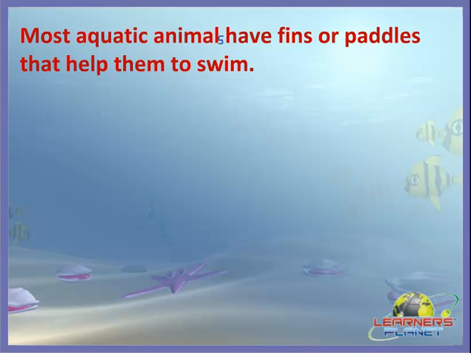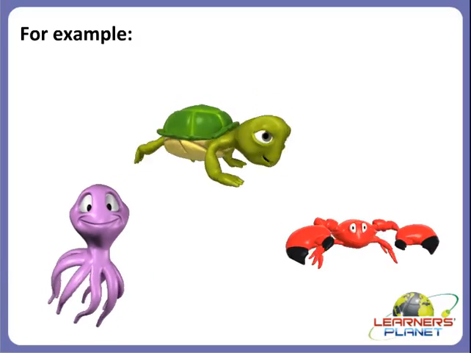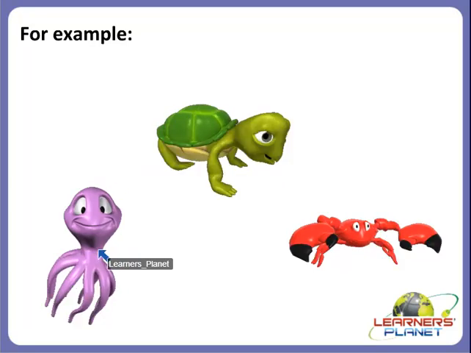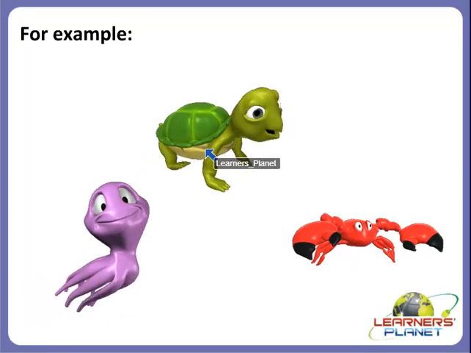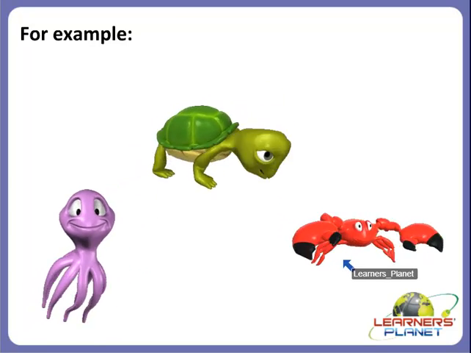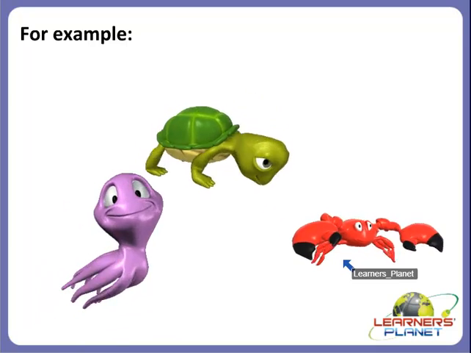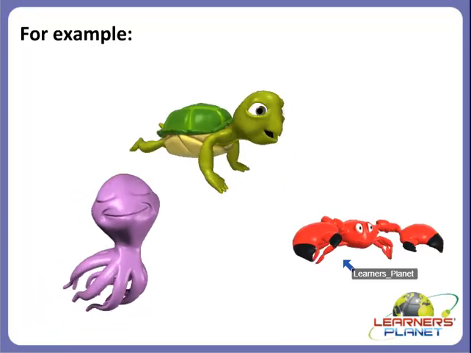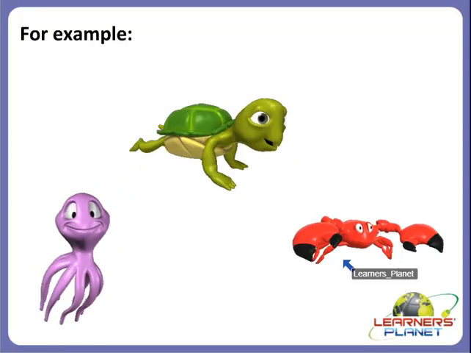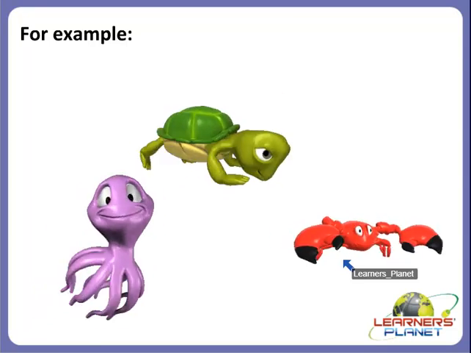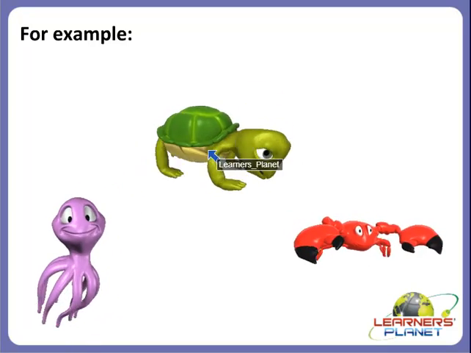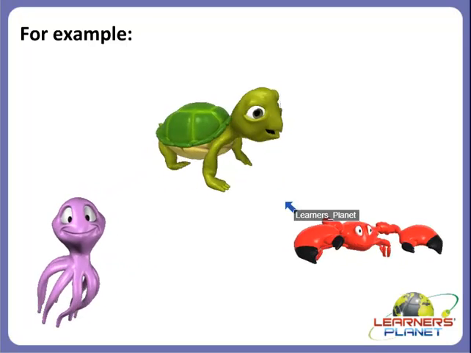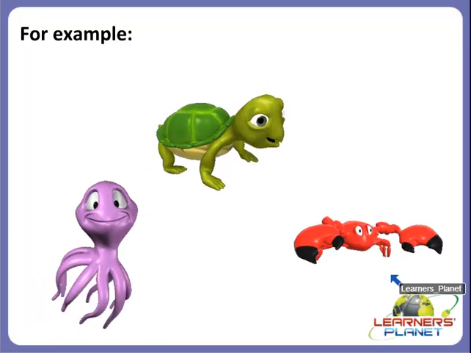So we will now see some examples. For example, we can see here that this is an octopus, then turtle, then crab. So there are actually many aquatic animals, but apart from all the fishes, octopus, turtle and crab are also called aquatic animals because they also live in water, right?